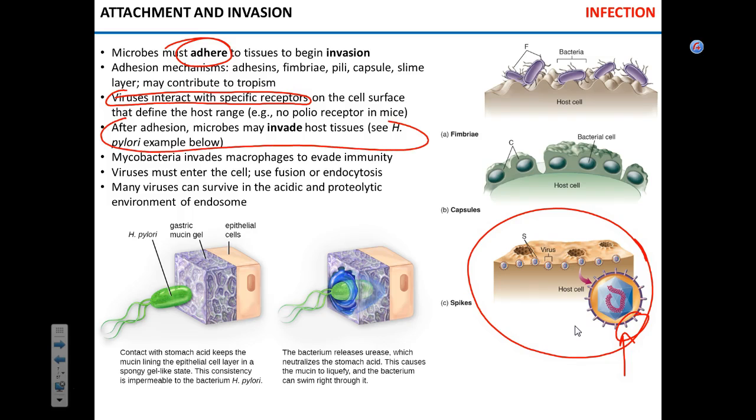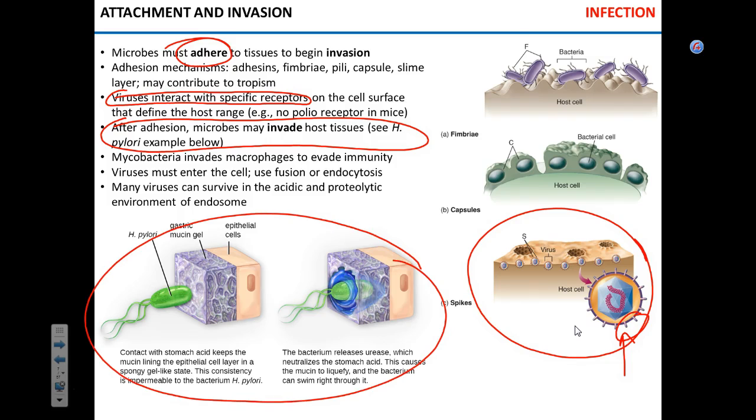Now, once the microbe is adhered to the tissue, it will start the process of invasion. Invasion can be extracellular, can be intracellular. So for instance, Helicobacter pylori, H. pylori, releases the enzyme called urease.